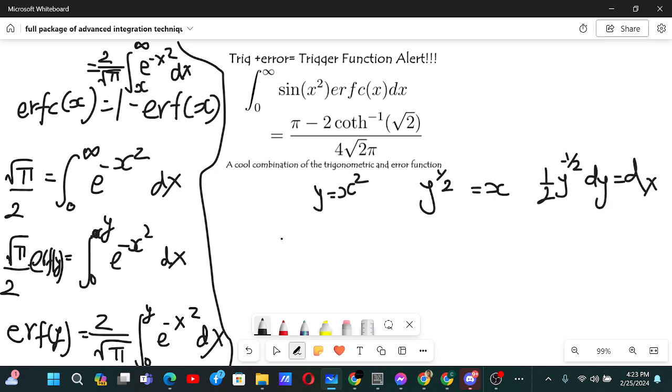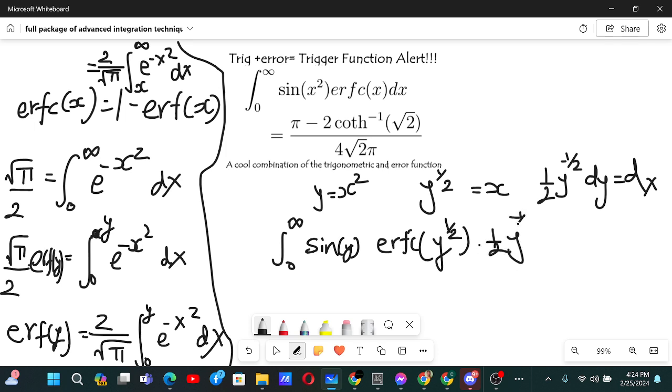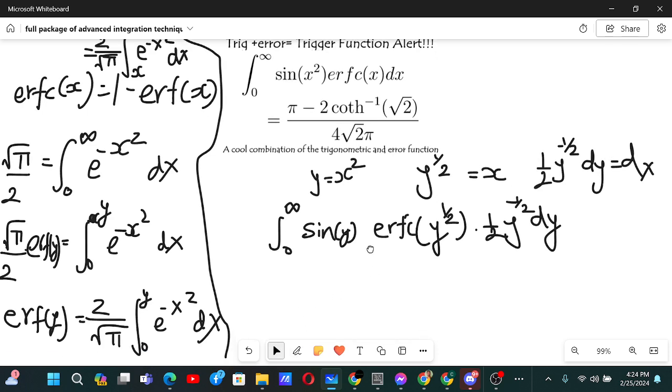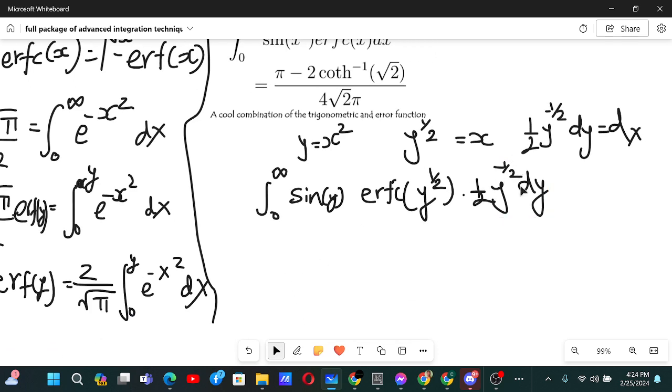So with this we have the integral from 0 to infinity of sine of y, complementary error function of y to the power 1 by 2, and dx is 1 by 2 y to the power minus 1 by 2 dy. If there was not this y to the power minus 1 by 2, we could have tried integration by parts, but this is really making our task difficult.